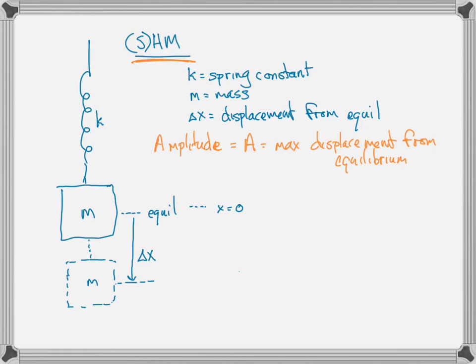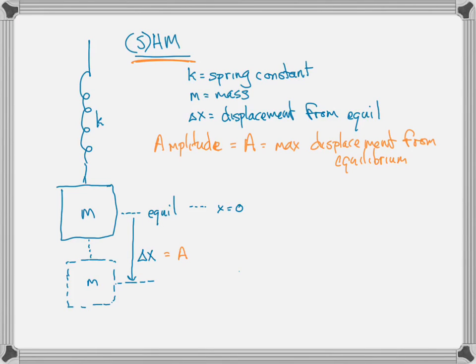Now we have to be really careful about this word amplitude, because it is confusing, even in your own textbook. Let's say that as this mass moves up and down, at some position between equilibrium and its maximum displacement from equilibrium, let's pretend that this is the amplitude, the maximum displacement from equilibrium.